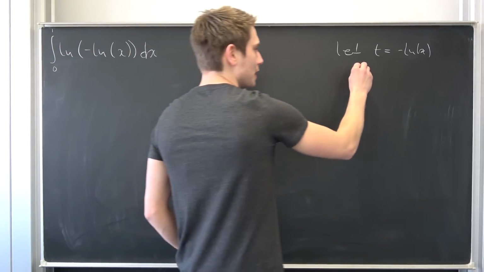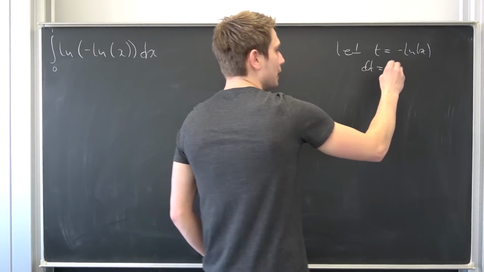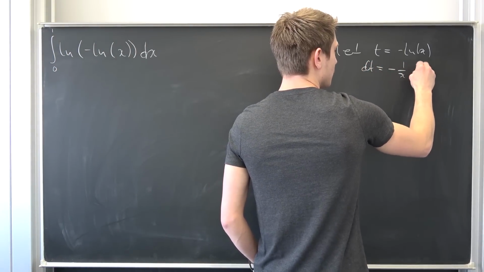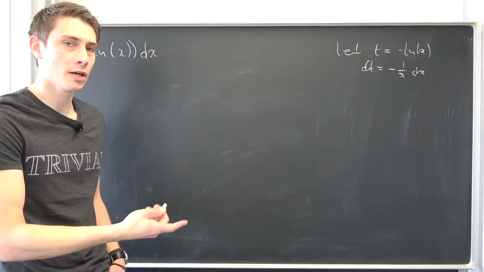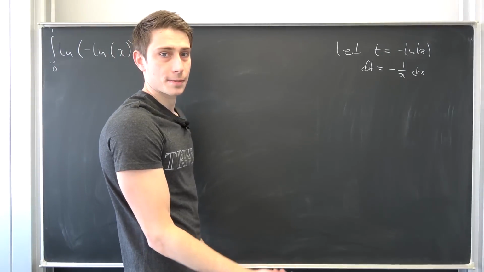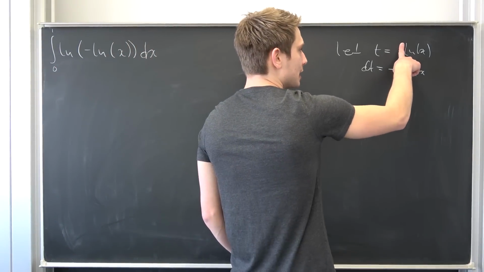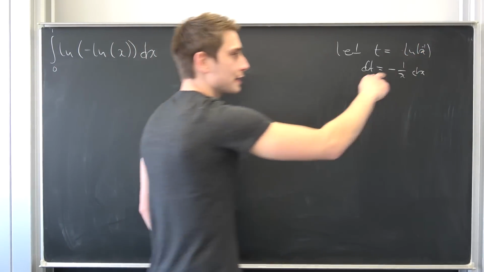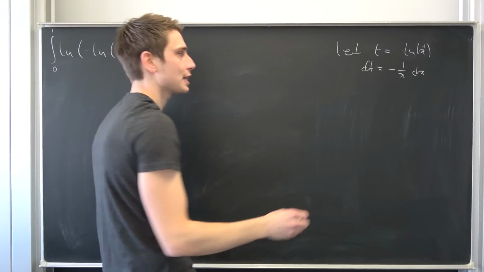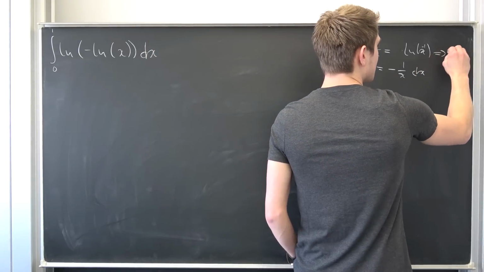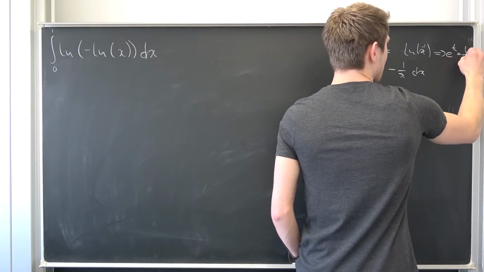If we differentiate both sides, we are going to end up with dt being nothing but negative 1 over x dx. The cool thing is, we are going to get our 1 over x basically for free, because if we drag this negative sign into here as the exponent, that's natural log of 1 over x, and then if we take base e on both sides, we're going to end up with e to the t is nothing but 1 over x.